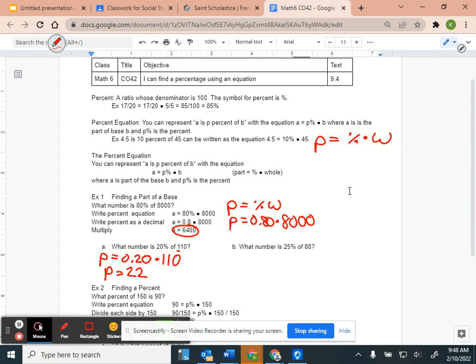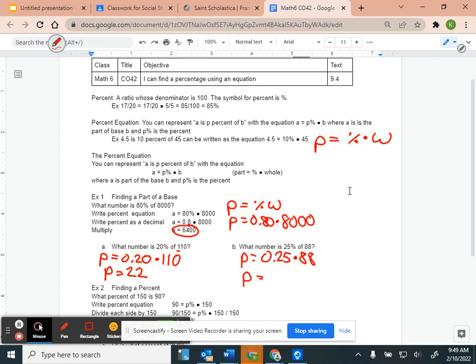What number is 25% of 88? How do I solve that, Lily? 0.25, because 25% we want to convert to our decimal, times what? Times 88, because we know our part equals percent times the whole.